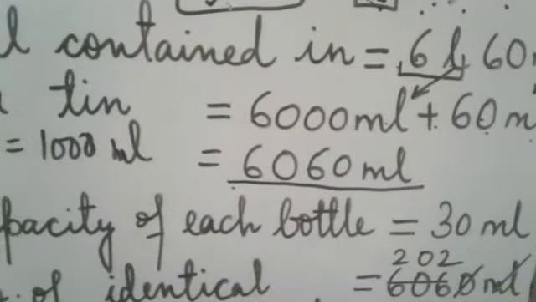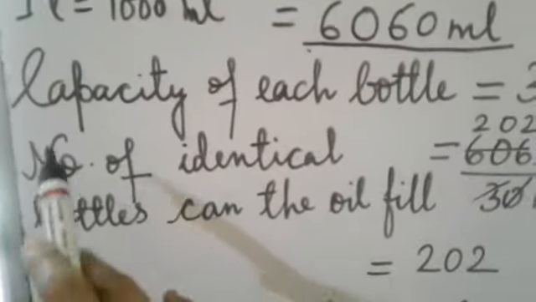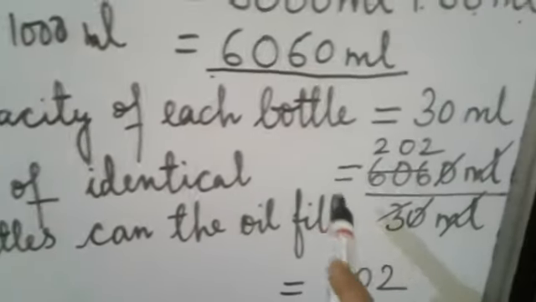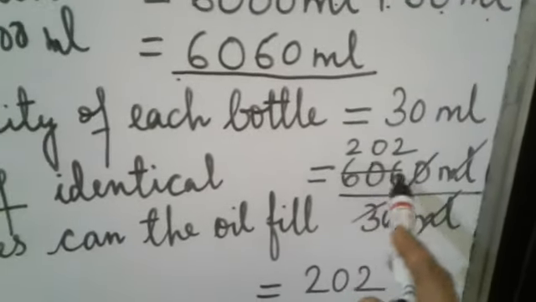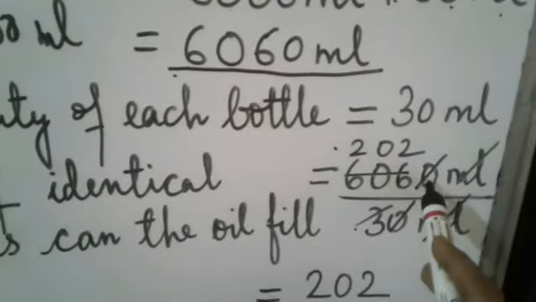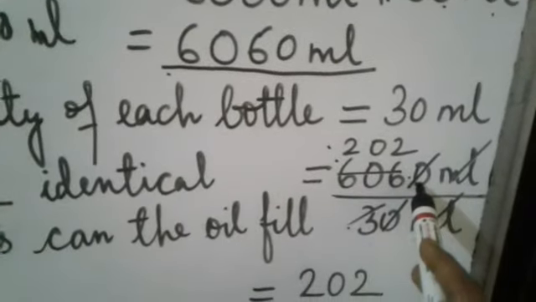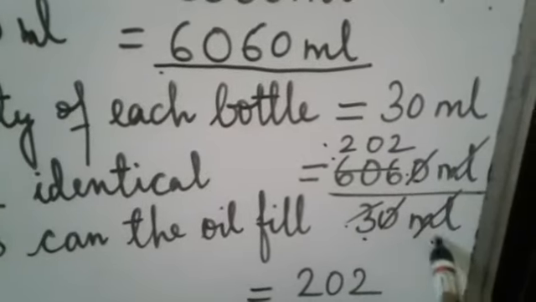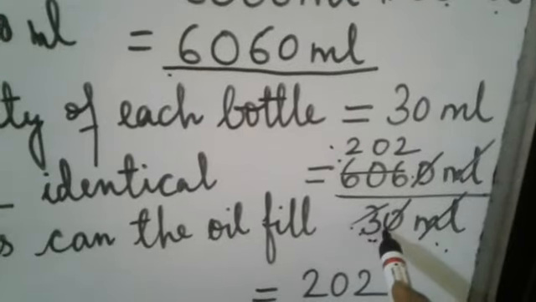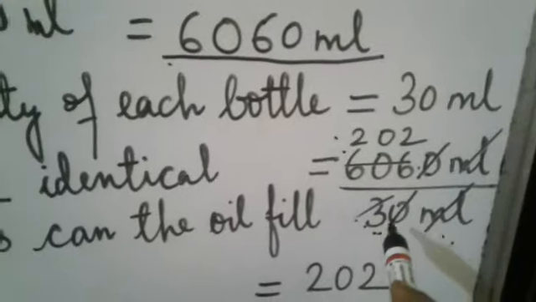So we have to do division here. So our next step is: number of identical bottles the oil can fill is equal to 6060 ml upon 30 ml. 6060 is the oil contained in a large tin, and 30 ml is the oil contained in one small bottle.